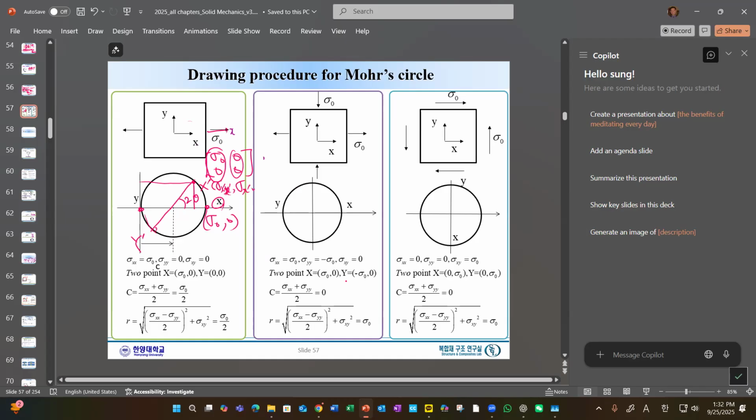If you have a circle, all you need to do is have a coordinate in this plane circle and just read the value.